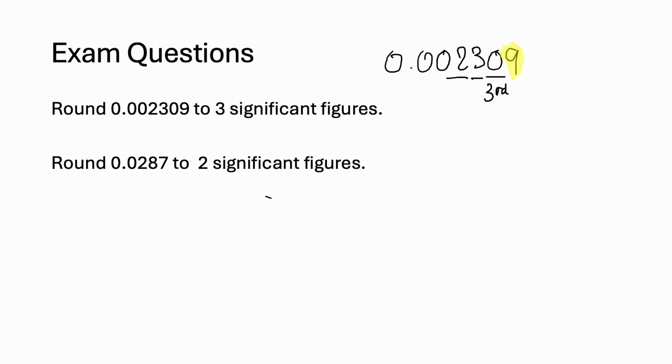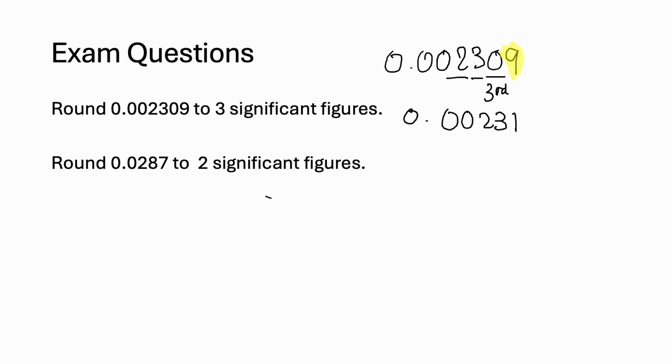If it's less than 5, we round down. Because 9 is more than 5, we round up. So this 0 will go up by 1. So we get an answer of 0.00231 to 3 significant figures.